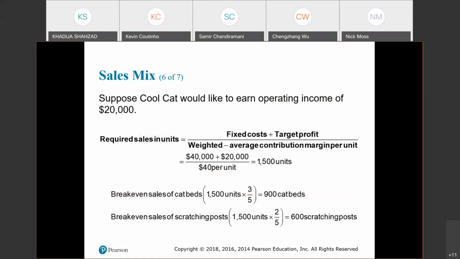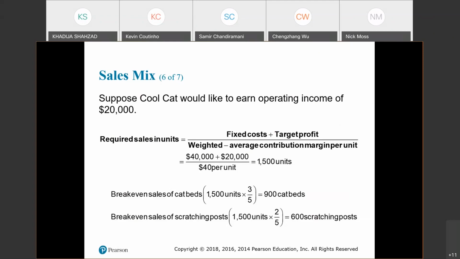Additionally, another 600 scratching posts need to be sold. Well, this is the application of CVP analysis.